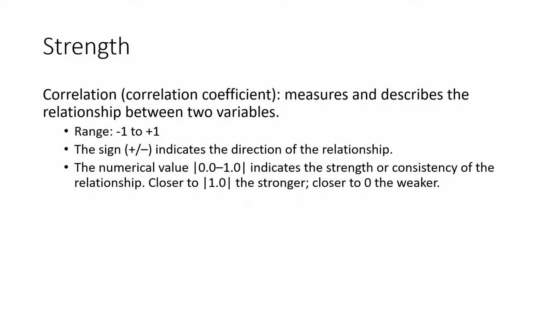And then the final thing our correlational coefficient will tell us is the strength of the relationship. Again, we've got this between -1 and +1. So we've got -1, 0, and +1.